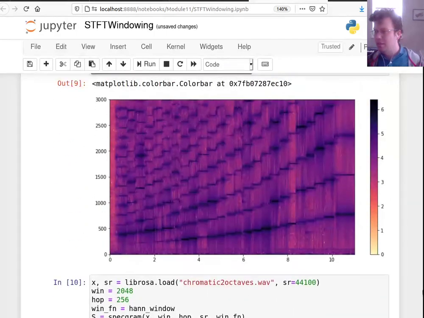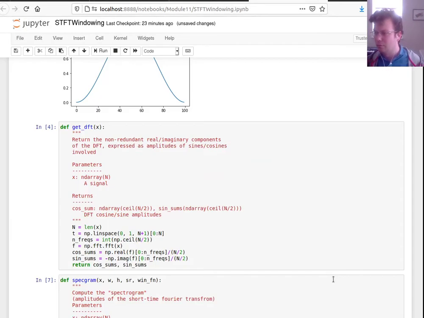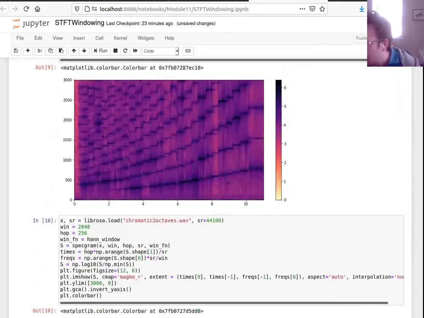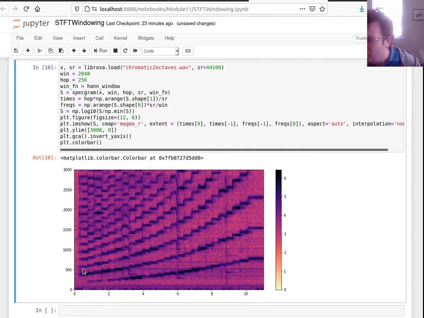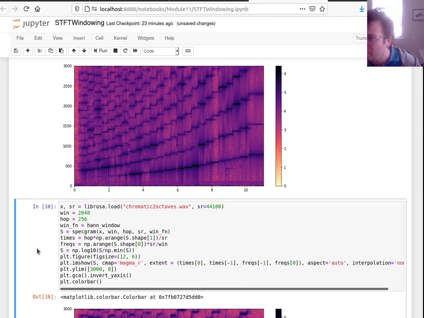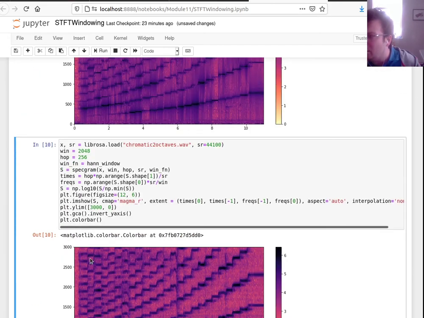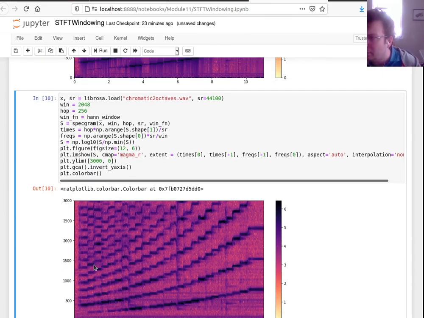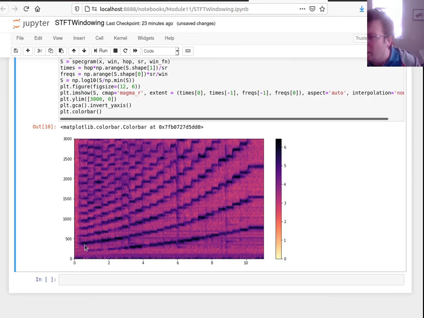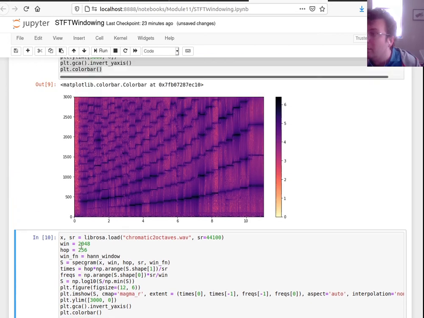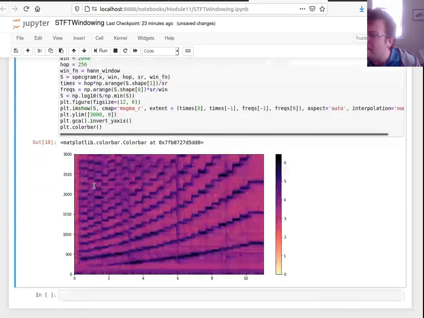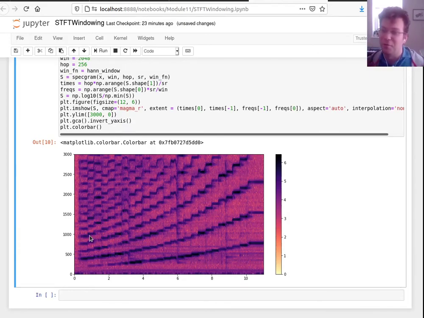So what we see between these two is a little bit sharper. Well, we see a little bit less, I guess these stand out a little bit more from the background, although it blurred them a bit too. But yeah, anyway, that's the Hann window. I guess it made things stand out a little more.